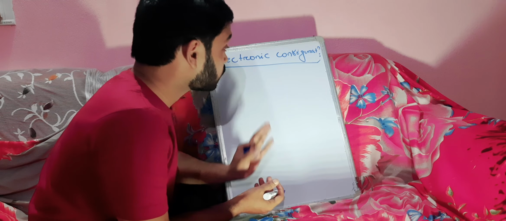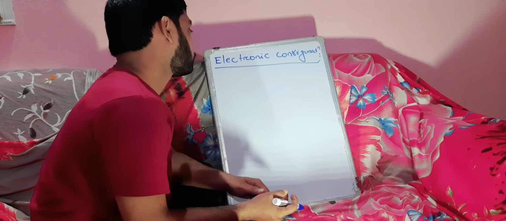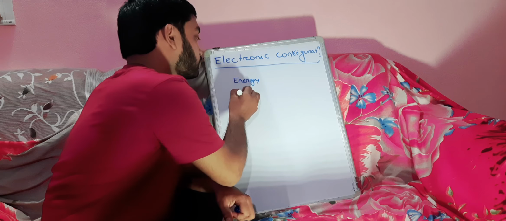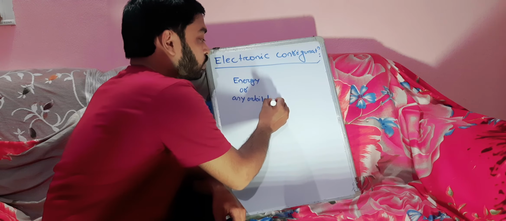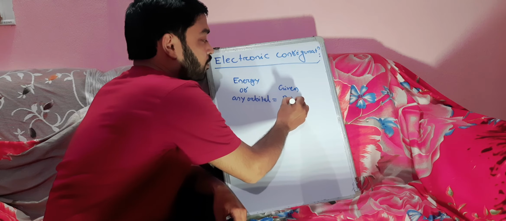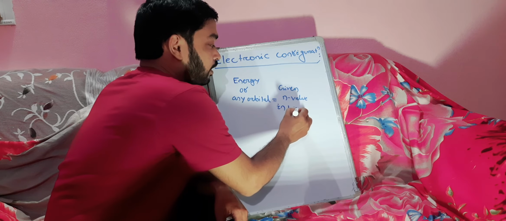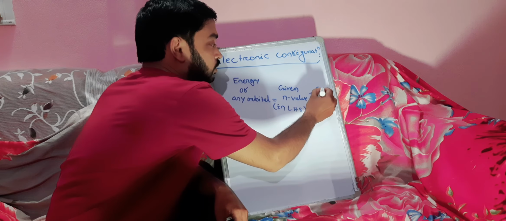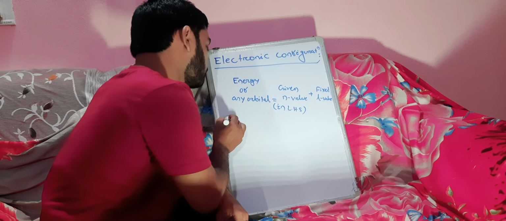So before going to this concept, we should know a small concept, that is the calculation of energy of an orbital. The energy of any orbital equals the given n value on the left hand side plus a fixed L value. Let's understand it with an example.